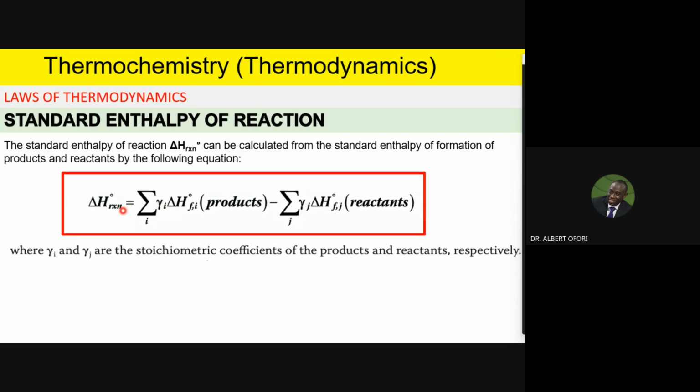So if I want the standard enthalpy of a reaction, then that has to do with the summation of the individual enthalpies of the products minus the individual enthalpies of the reactants. Now, normally for accuracy, we look at activity and the reaction activities, but we are not considering that here. That's not important.